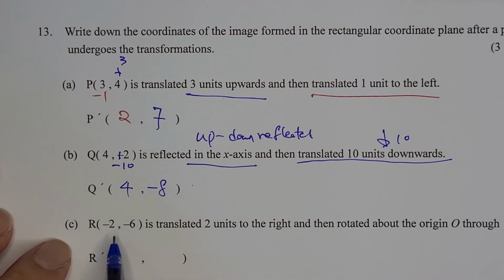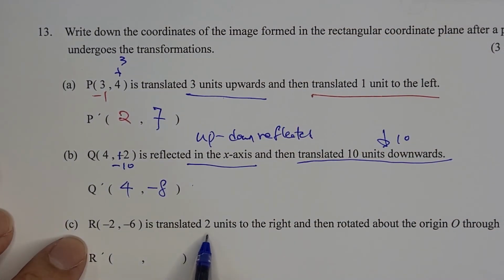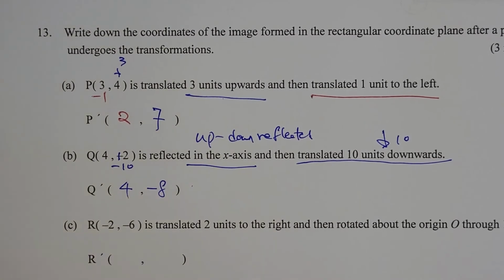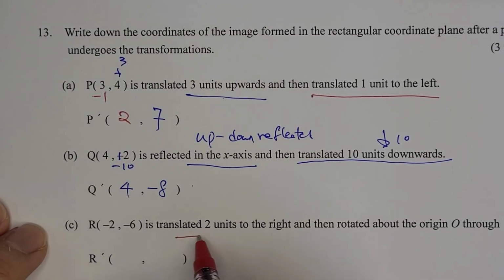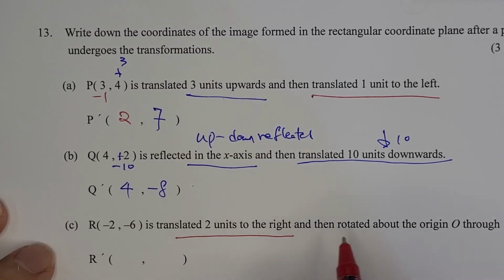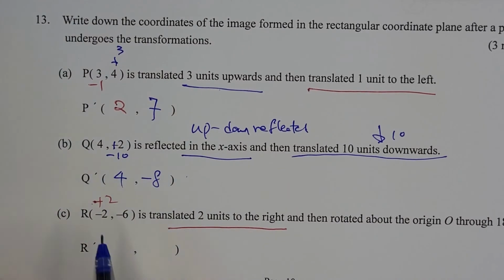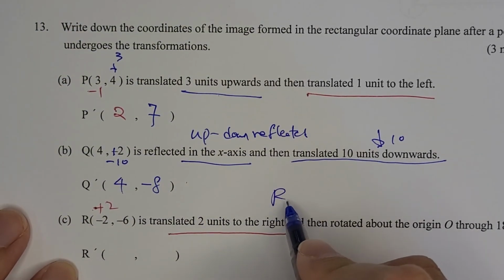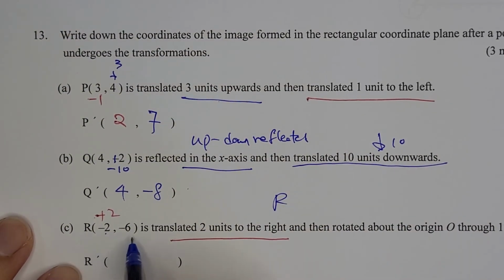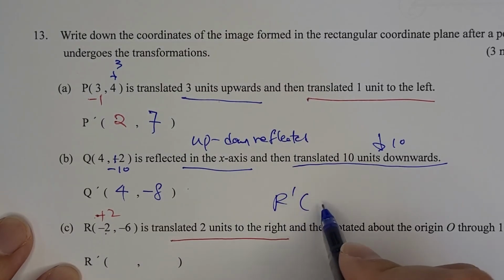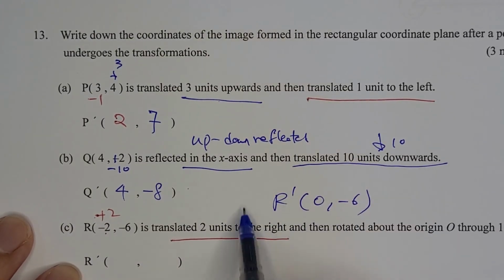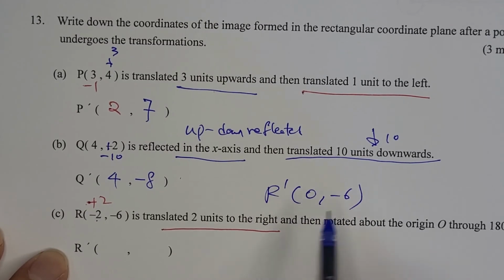And R is translated 2 units to the right. The first action is moving the x in the horizontal direction, so add 2 here. You will see that R becomes, from -2 to -6, something like (0, -6). That's the first action. It didn't finish.